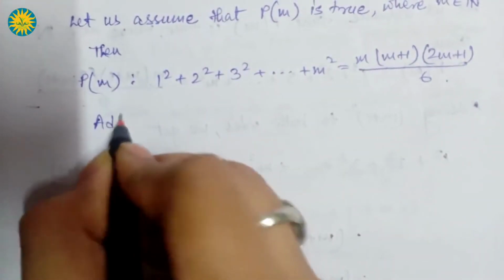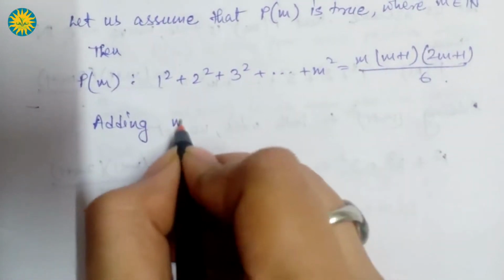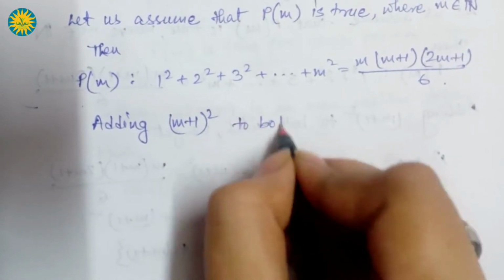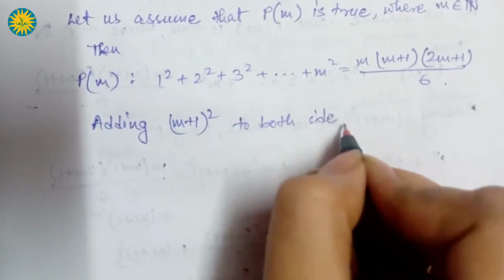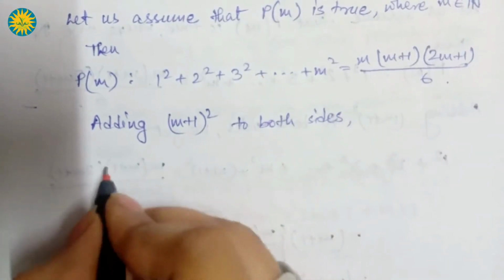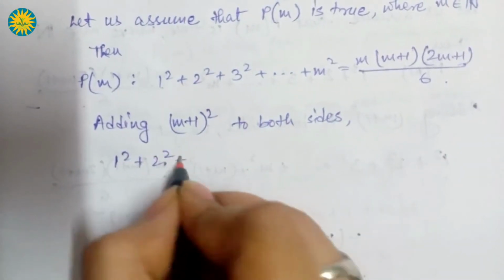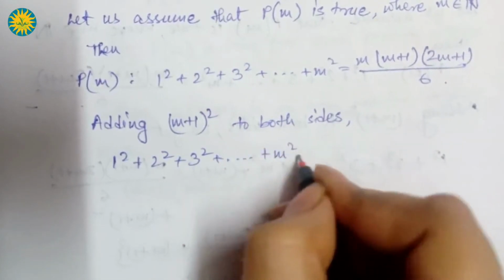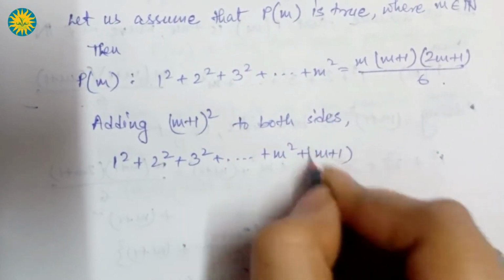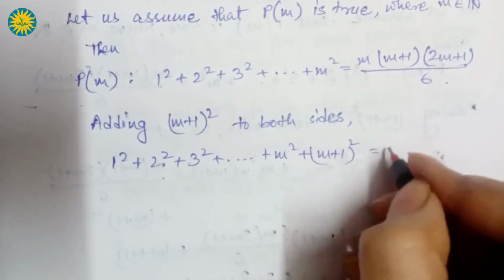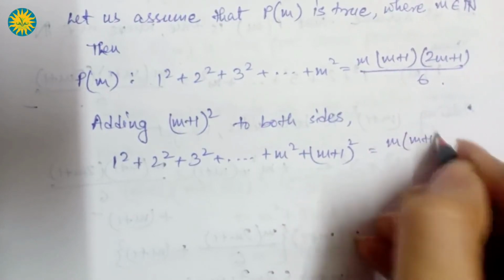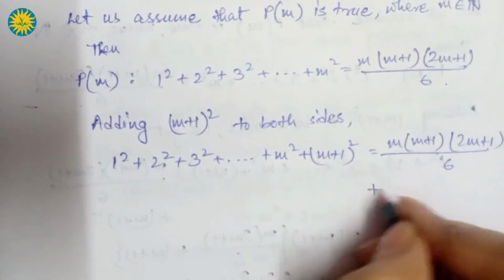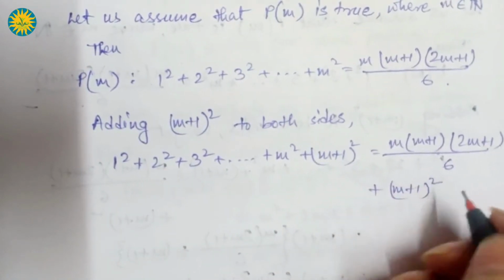Now we add m plus 1 whole square to both the sides. From this we get 1 square plus 2 square plus 3 square till m square plus m plus 1 whole square, and on the right hand side m into m plus 1 into 2m plus 1 by 6 plus m plus 1 whole square.